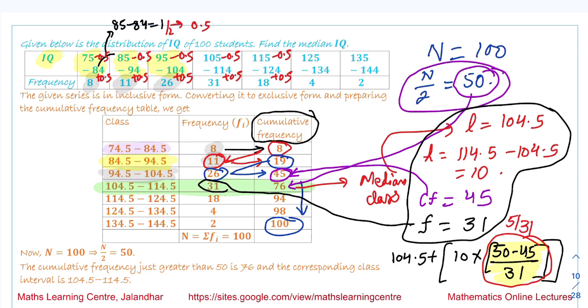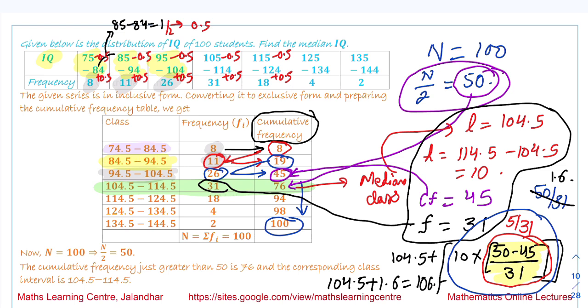Then we multiply these two terms, and the answer is 50 by 31, which is equal to 1.6. So the answer we write is 104.5 plus 1.6, and that is equal to 106.1. So we say the median we obtain is 106.1.